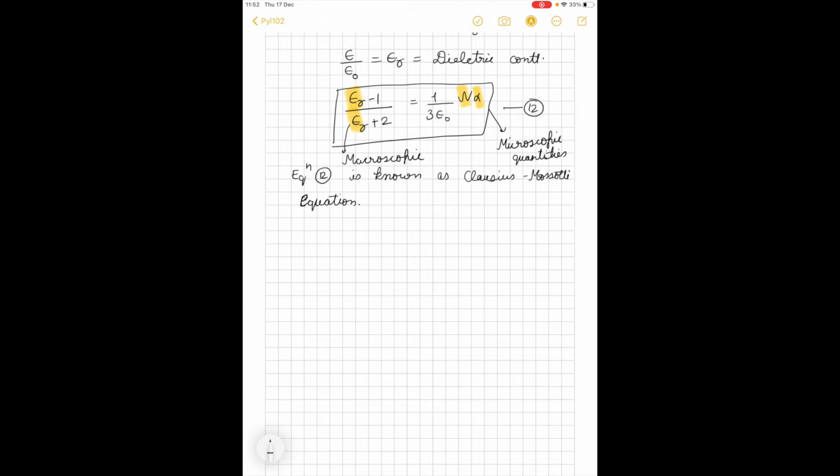For example, H2O, the water molecule, has a permanent dipole moment. So this equation is not valid for polar material with permanent dipole moment.